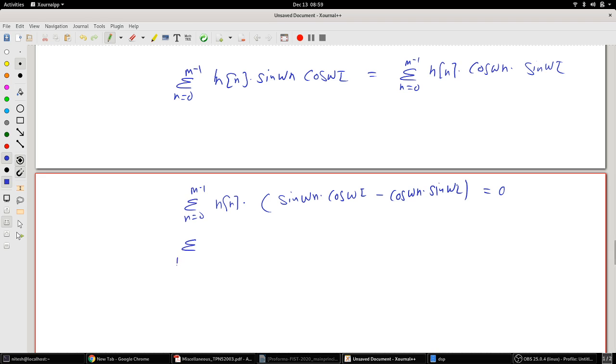So this is like summation n equal to 0 to m minus 1 h of n into sin of omega n minus omega tau, or I can write this as omega tau minus omega n, equal to 0. This is what I get.